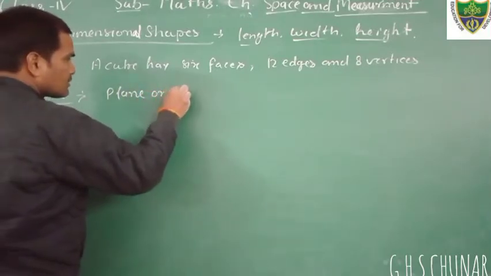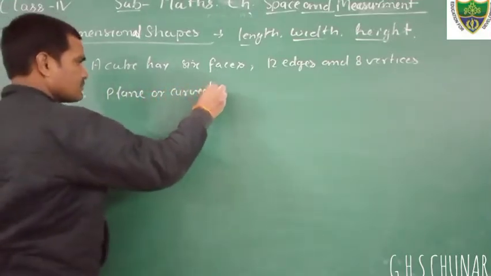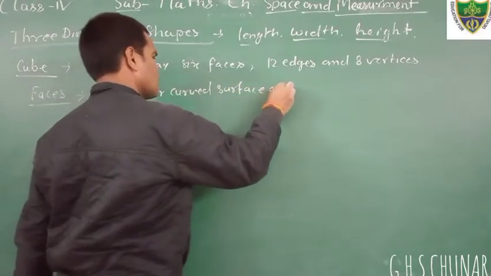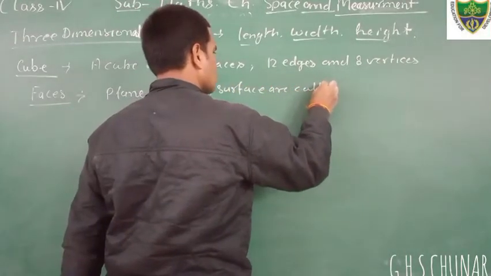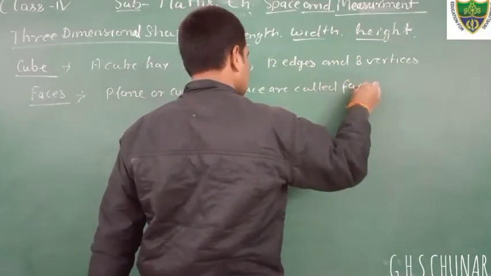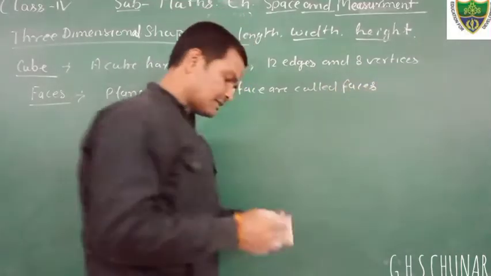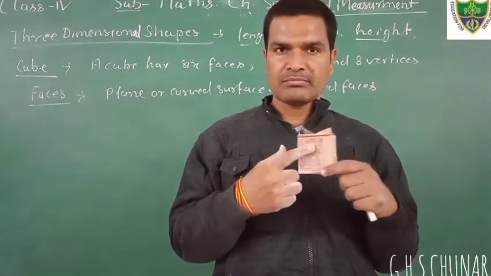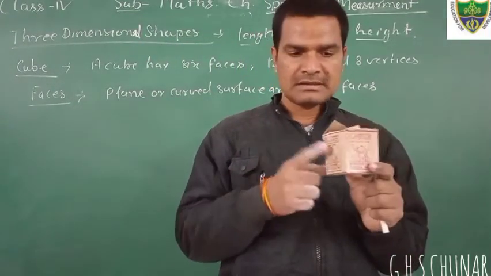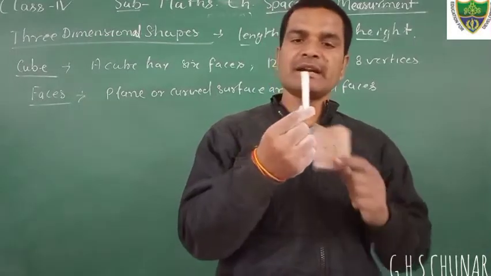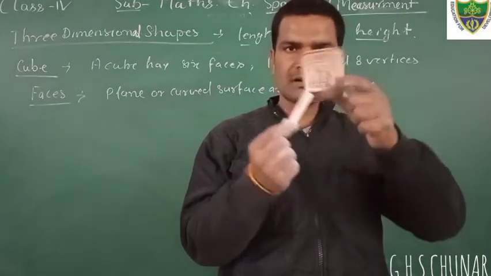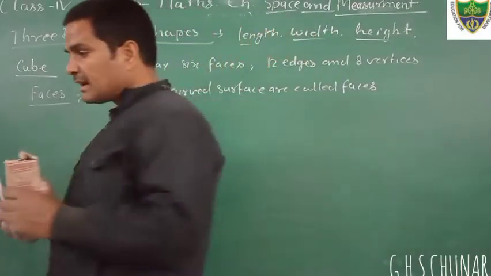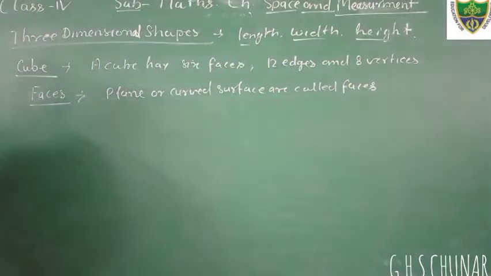Plane or curved surfaces are called faces. In the case of a cube, this is a plane surface. In the case of a cylinder, this is a curved surface, the rounded face. So plane and curved surfaces are called faces.